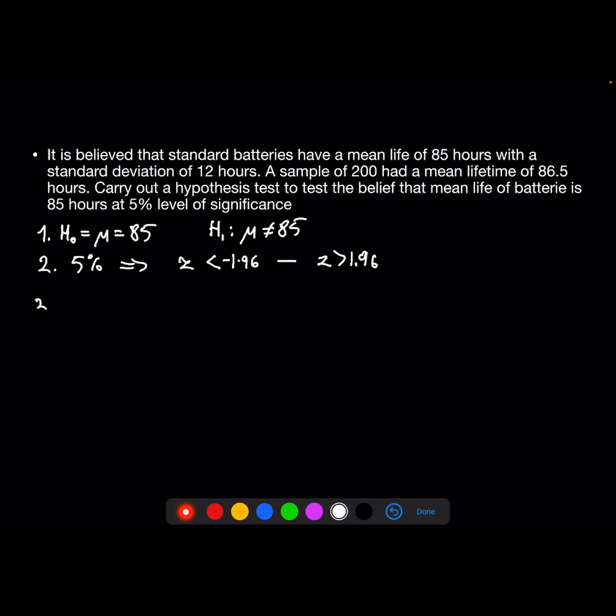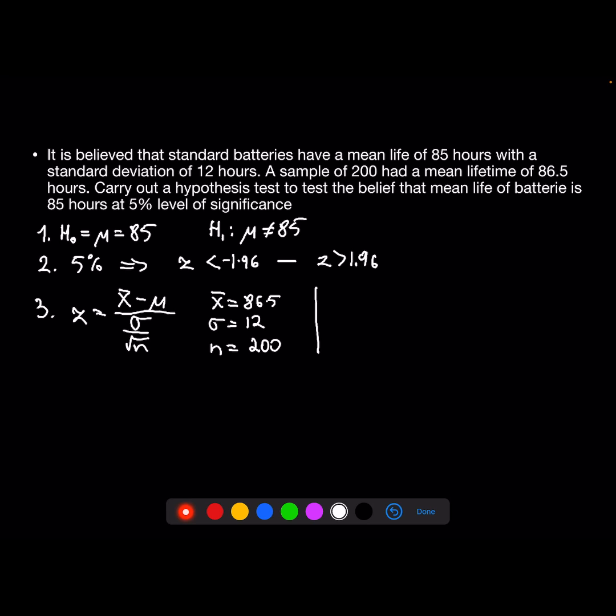So let's calculate the test statistic. Z is given by x bar minus mu, all that divided by sigma divided by root n. So in this particular problem, x bar is the sample mean, and that's equal to 86.5. Sigma is equal to 12, and n, the number of items in the sample, is equal to 200.